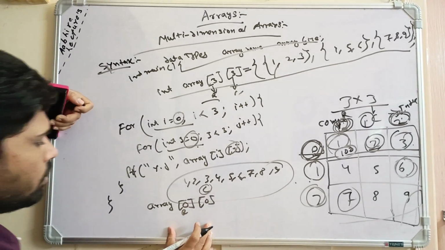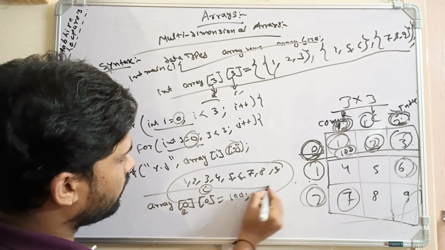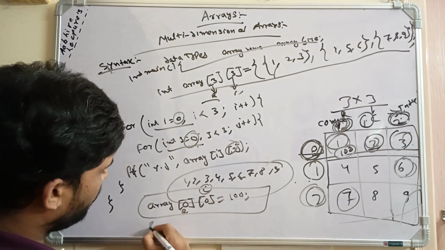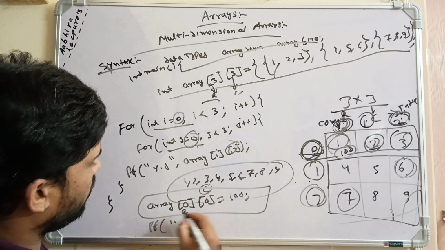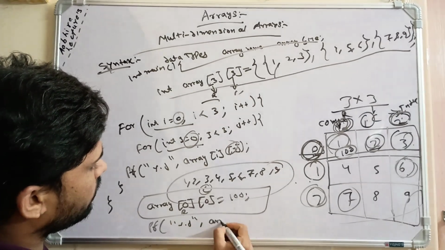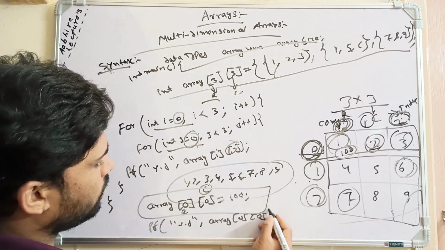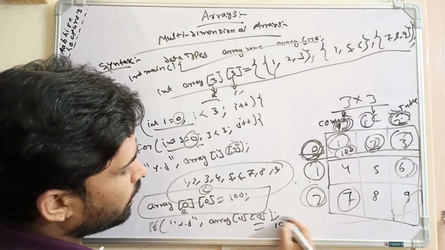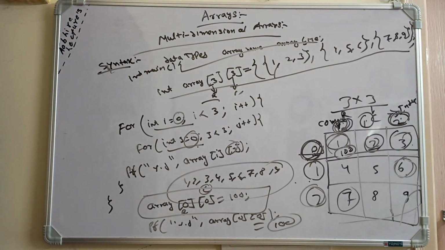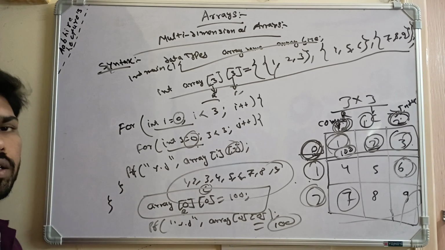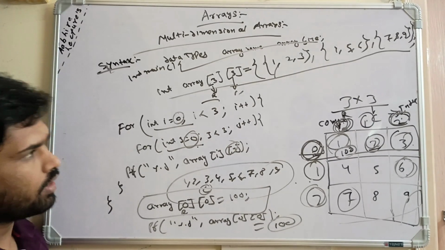So I want to assign the value 100. Now if you want to print percentage d, close bracket, array index of 0 index of 0, the output will come 100, because we changed the value.